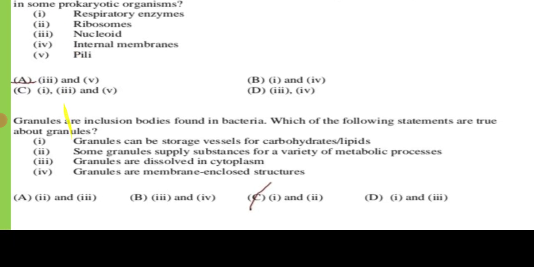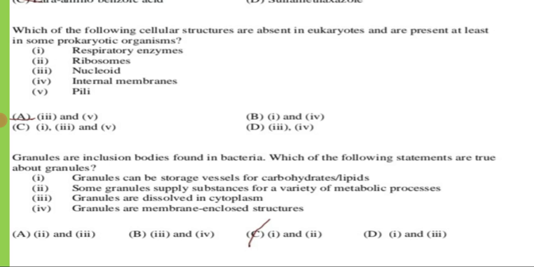Then moving to the next question. Granules are inclusion bodies found in bacteria. Which of the following statements are true about the granules? Granules are a storage vessel for carbohydrate and lipid. Is it true? Some granules supply substances for a variety of metabolic processes. It is also true.